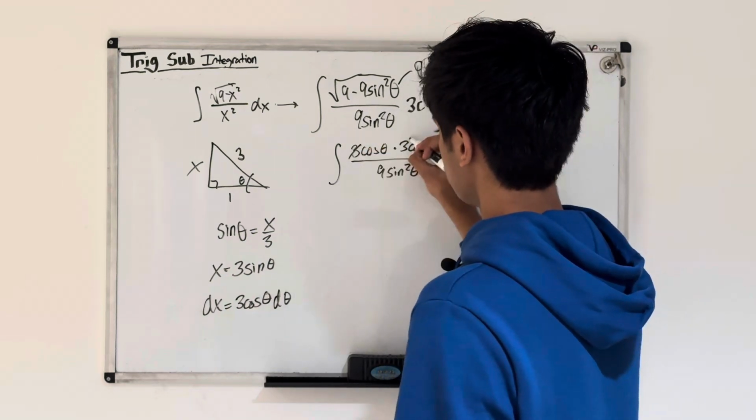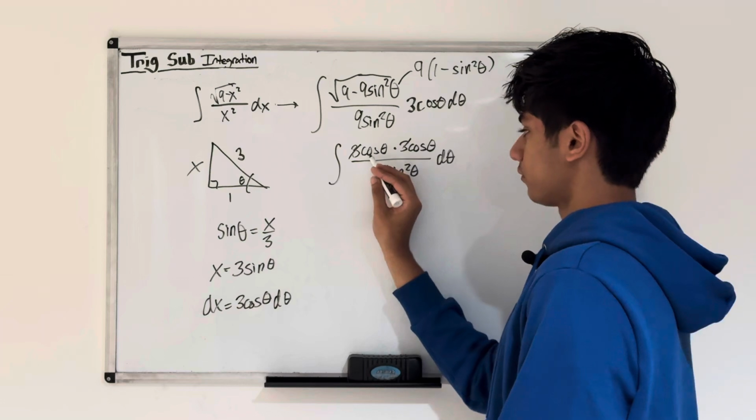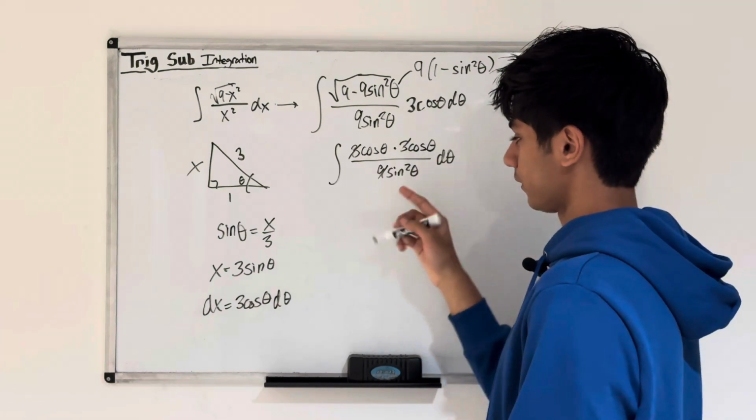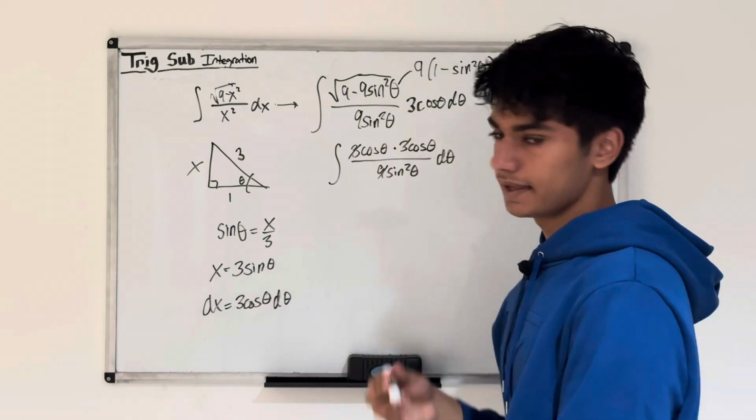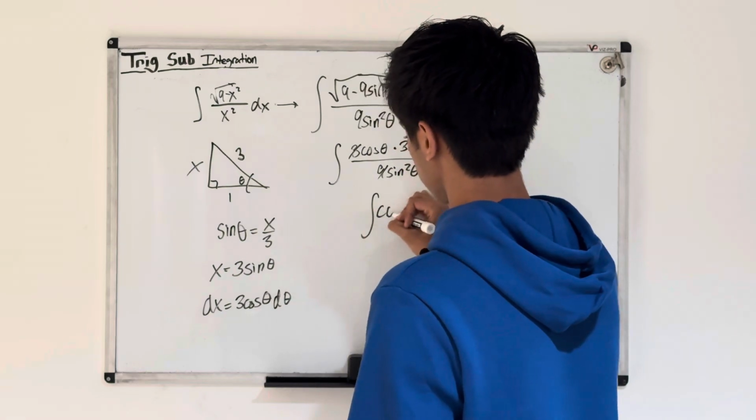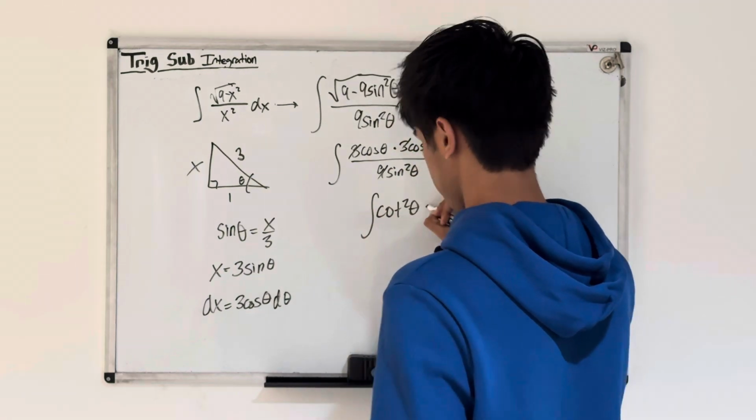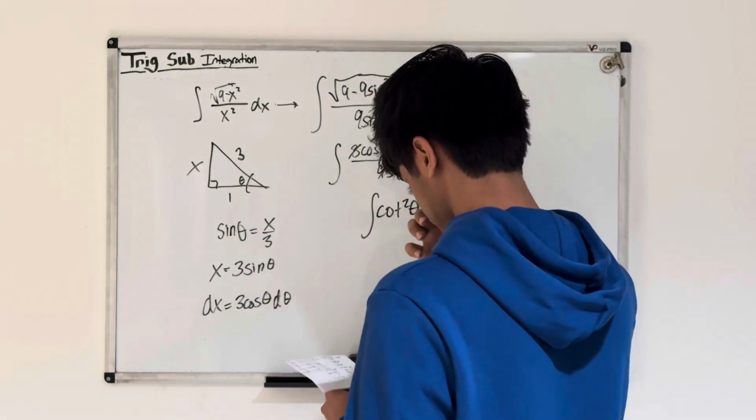And so we can see that the 3, 3, 9 cancel out. Cosine theta times cosine theta is cosine squared. Cosine squared over sine squared is going to give us the integral of cotangent squared theta d theta.